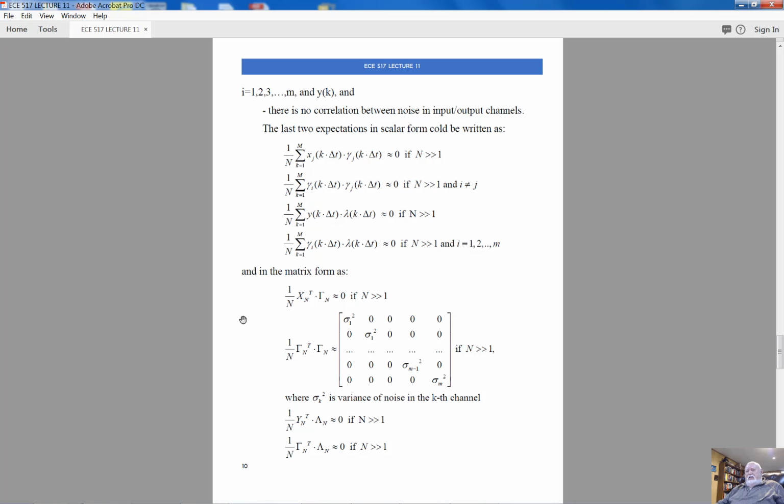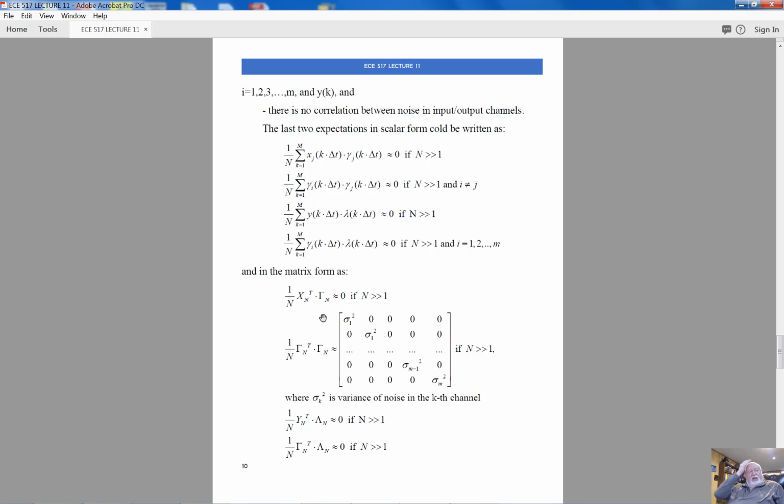In the matrix vector format, I will take this huge array X, n. If you remember, n is the total number of rows in this array. It is transposed, and I will multiply it by array capital Gamma.